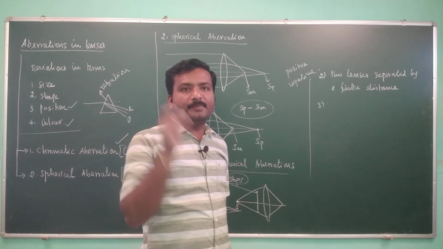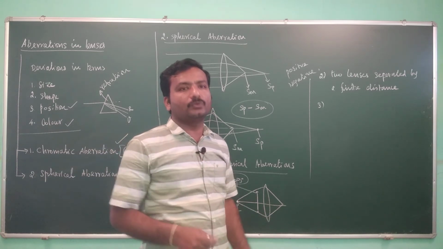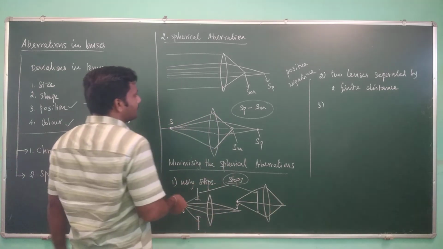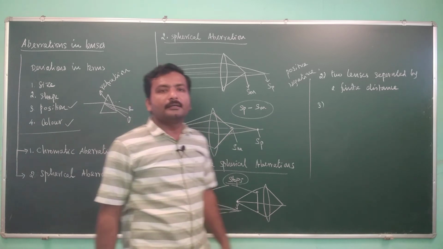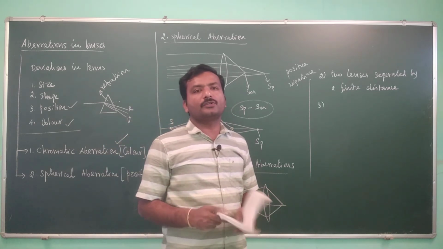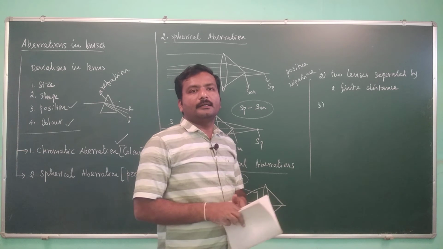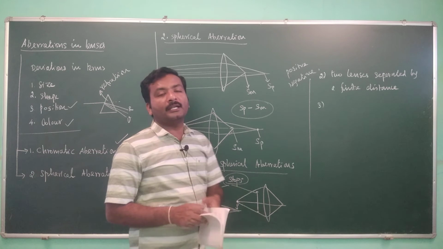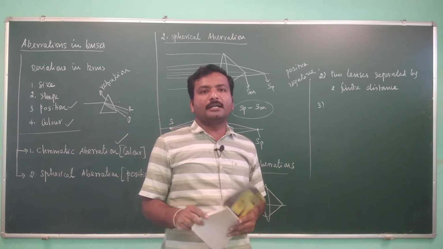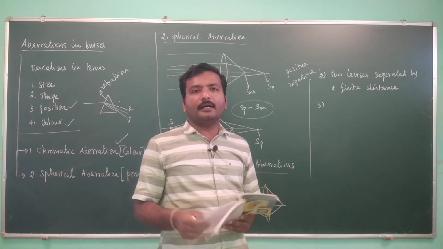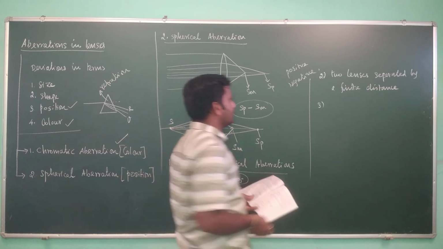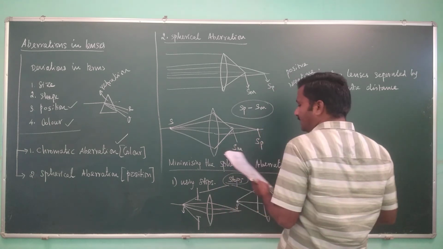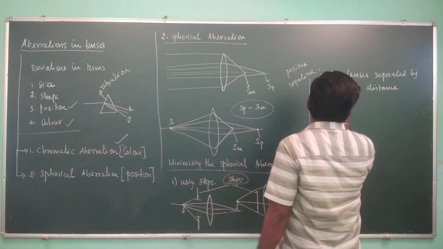Here the distance between the lenses should be equal to the difference in the focal lengths of the marginal ray and the paraxial ray. That is the condition to remove the spherical aberration when we place two lenses separated by a finite distance.